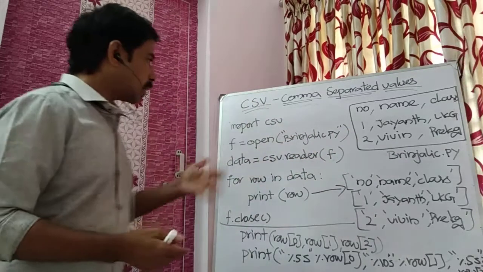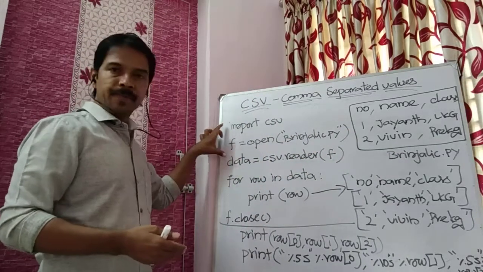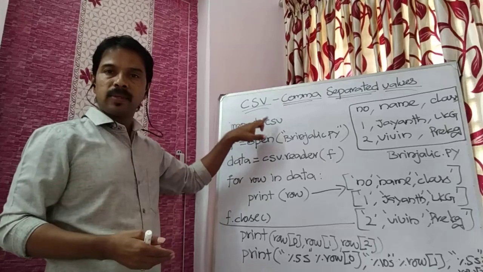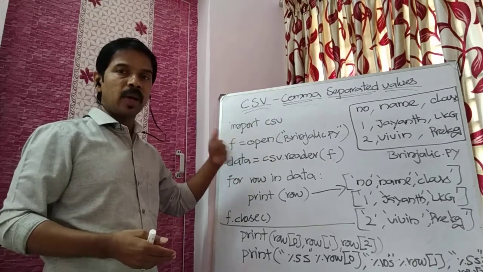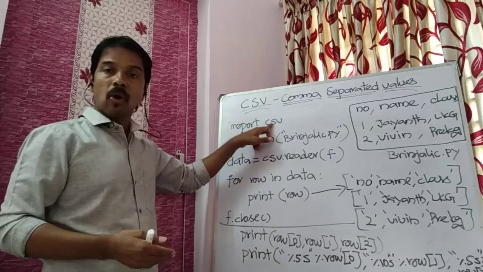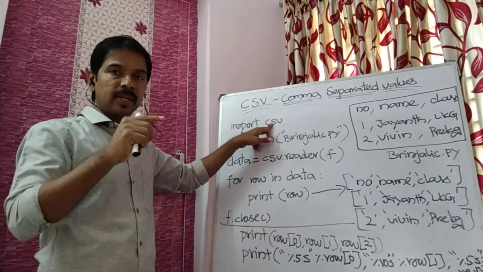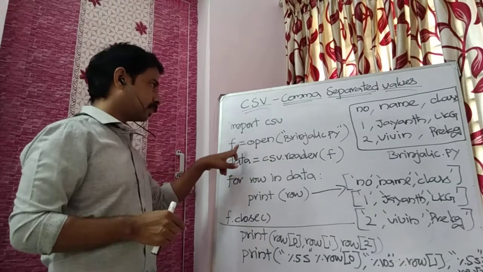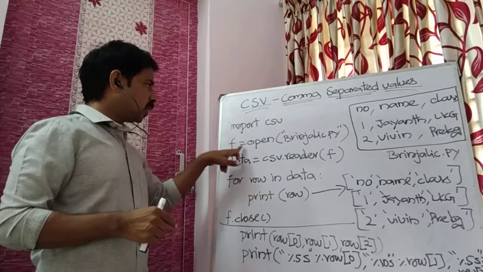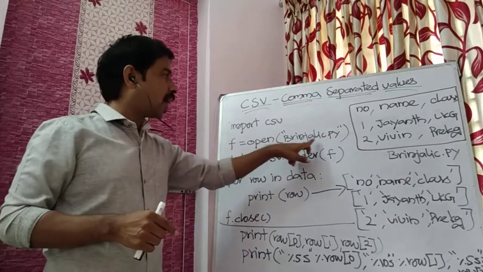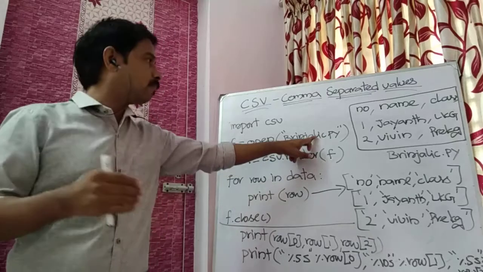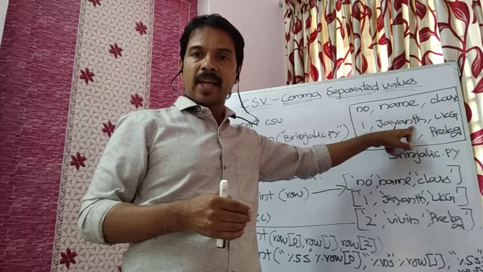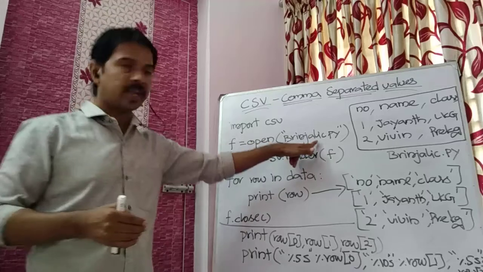In order to access it, first we need to import the CSV module. When you import it, you can access all the functionalities present inside the module. Then f is equal to open, and you specify the file name from where you are going to read the data.